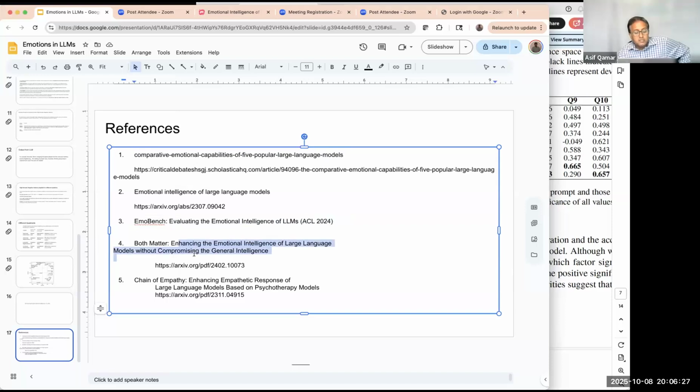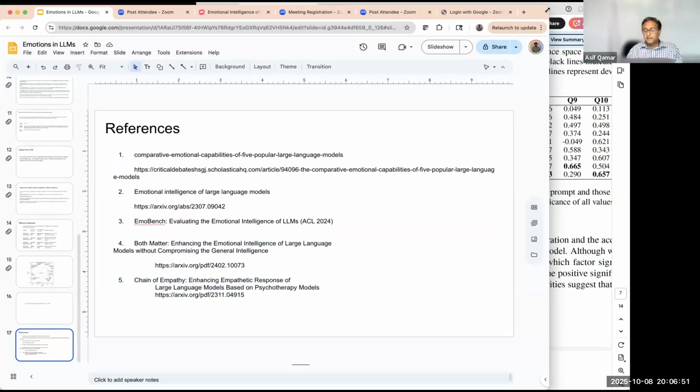And enhancing emotional intelligence, which I'm not covering, but which is a somewhat detailed paper, more about knowing the models and fine-tuning, all kinds of things, how to enhance the emotional behavior of the LLM. And in this paper also, I like it, Chain of Empathy. These are the 5 key papers that you may want to read in this domain.